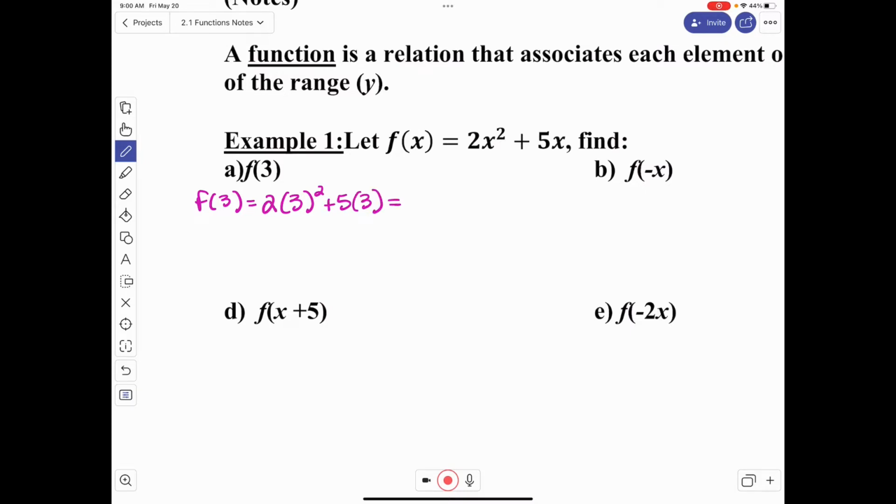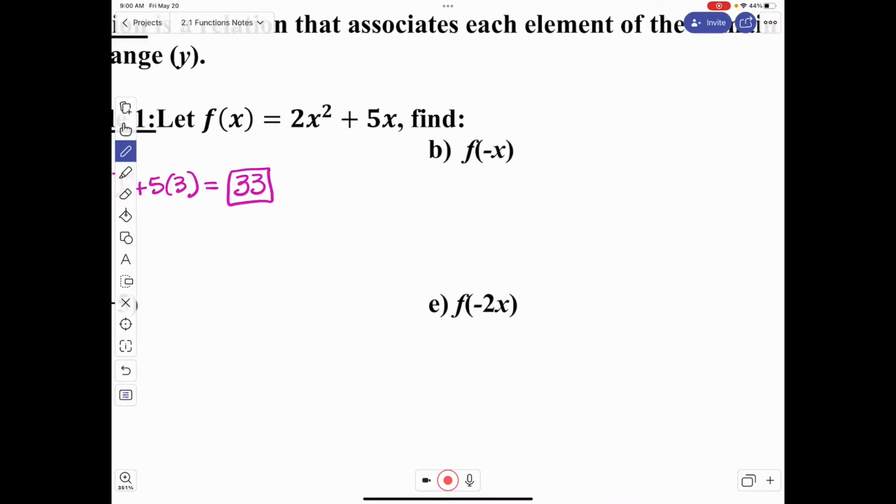If you are typing this in your calculator, just be careful with order of operations, because sometimes the calculator's order of operations is a little bit different, depending on how you type it in, parentheses and stuff like that, or Desmos. So just be cautious of that. And so 2 times 3 squared plus 5 times 3 is going to give us 33.